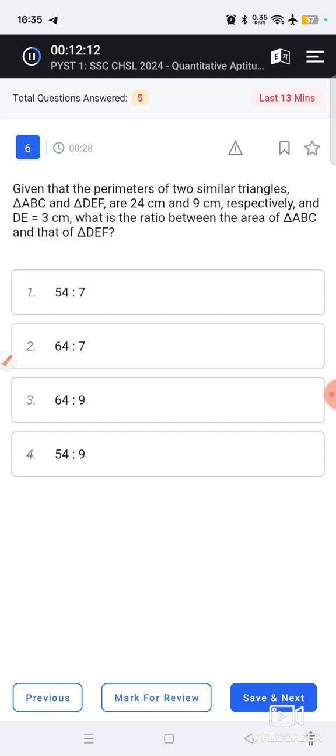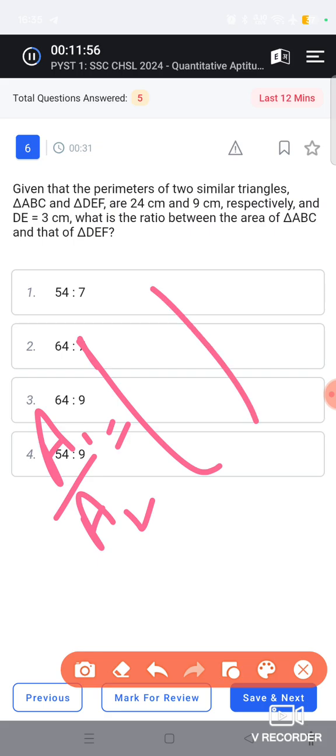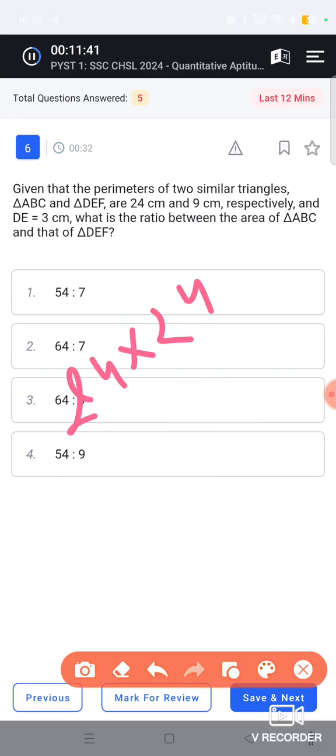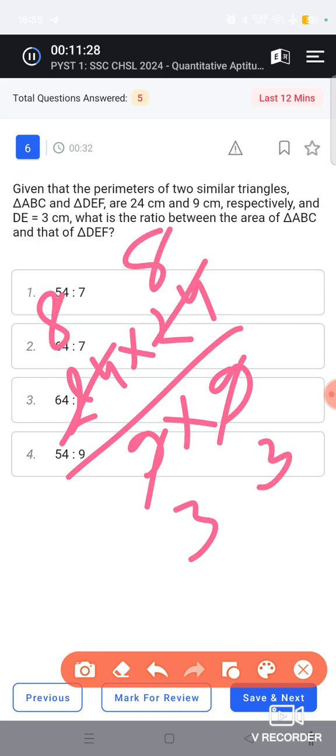Then A1 by A2, area 1 by area 2 is equal to the whole of 24 by 9, it means perimeter 1 by perimeter 2 squared. Then 24 into 24 divided by 9 into 9. So we get 64 is to 9.